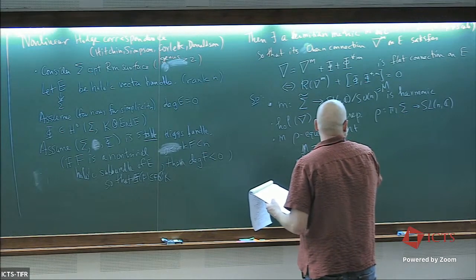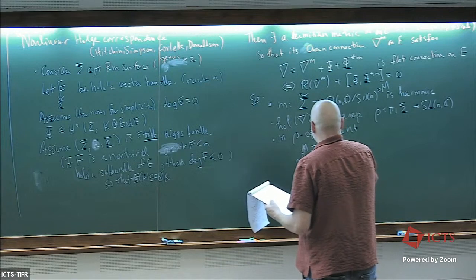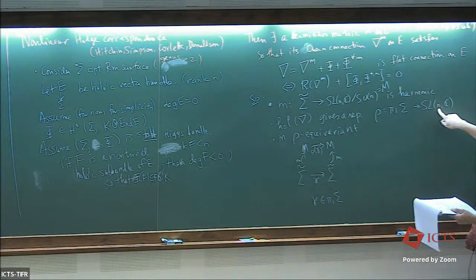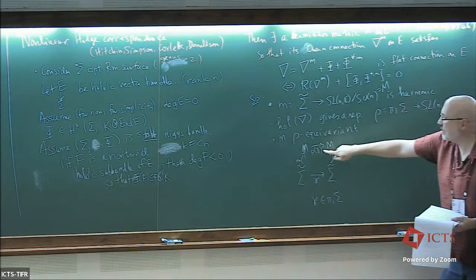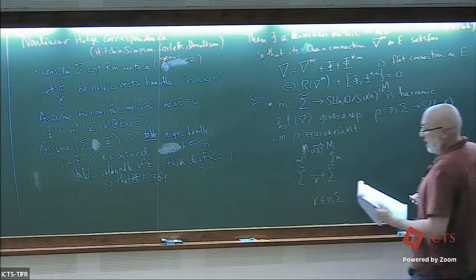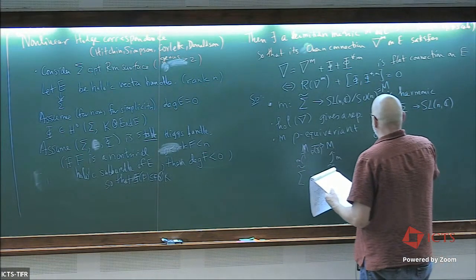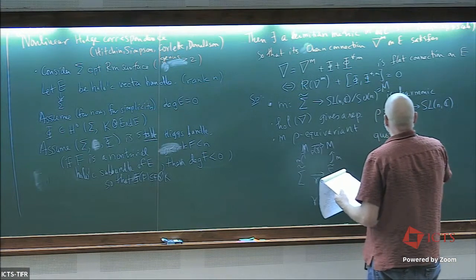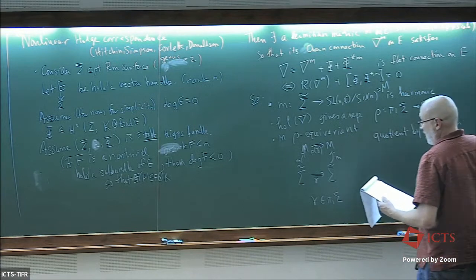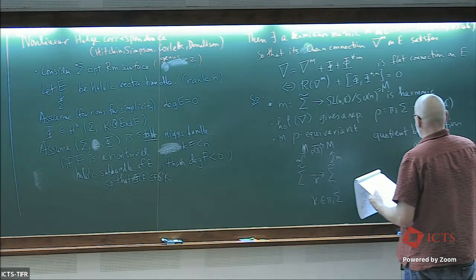I'll just call this rho of gamma again. So this is the induced map of this representation on the quotient space. So M is rho-equivariant. In other words, you can think about taking the quotient by this rho action, and we have the following.